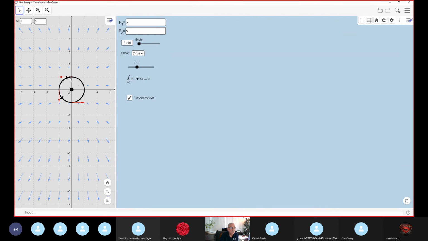And the tangent vector is the red color, and the circulation integral is 0. The 0, we proved in example 1. Independent of the radius, look. Different radius is the same.